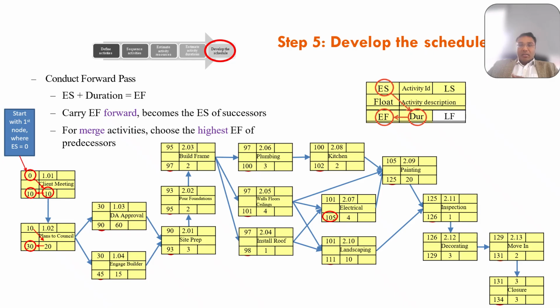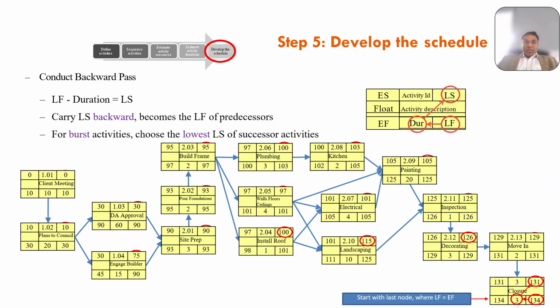We need to determine the late start and late finish, then derive each activity's float and identify the critical path. I'll show that in the next slide with these exact node values, so you can see how early start, early finish, and late start, late finish combine to reveal which activities cannot be delayed.